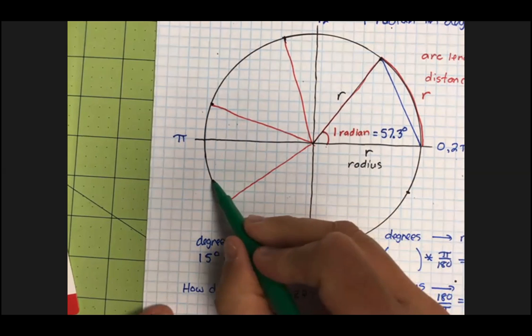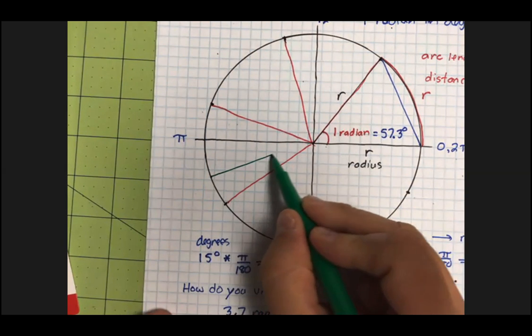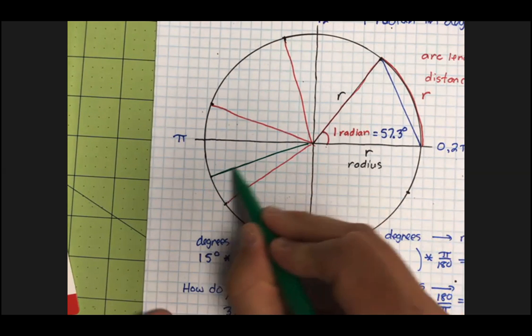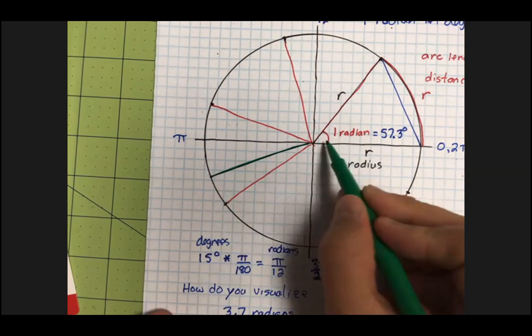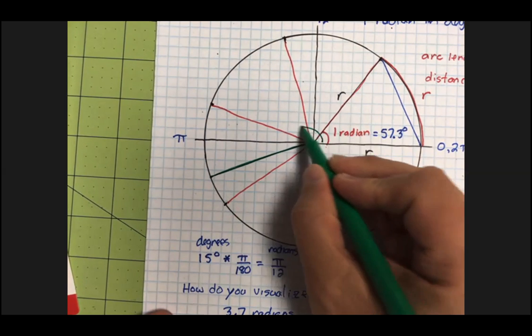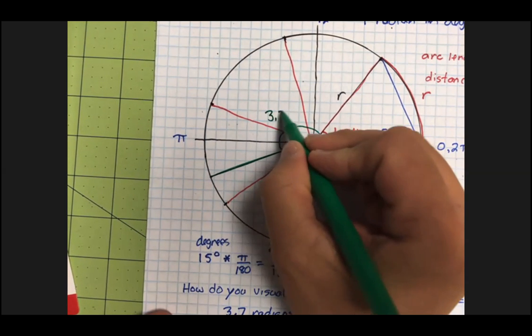Let me pull out another color. Let's call 3.7 about there. So here's 3.7 radians.